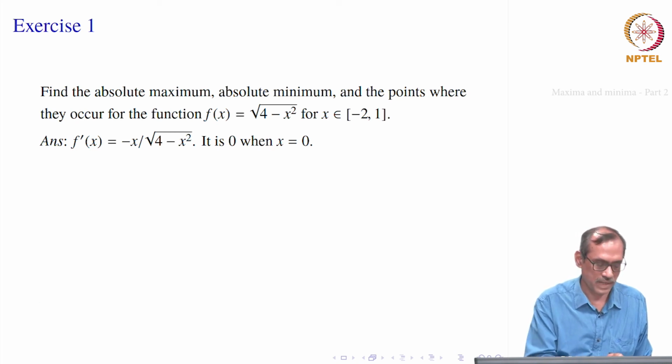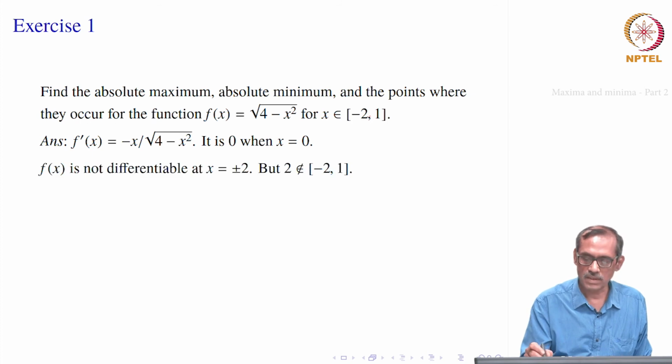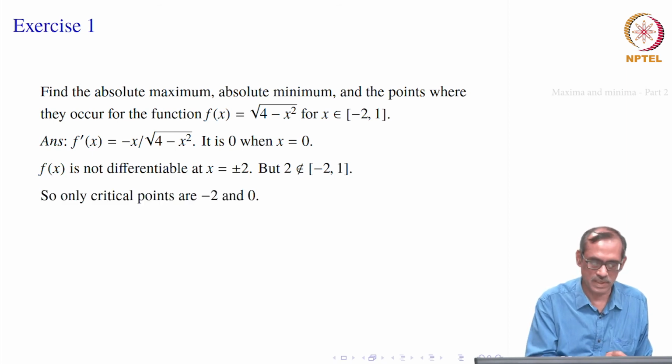So, we have now 3 points, plus or minus 2 and 0. Where it is not differentiable, those are also critical points, right. So, you have to see where it is not differentiable. It is not differentiable at minus 2. Anyway, 2 is not in the domain. So, minus 2 is an endpoint, anyway we are going to consider it.